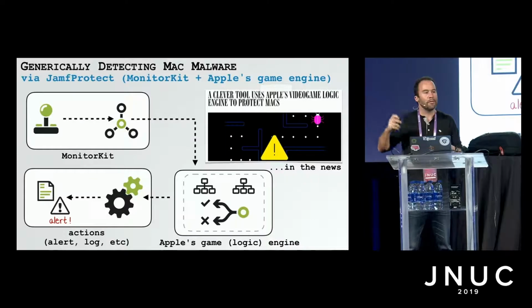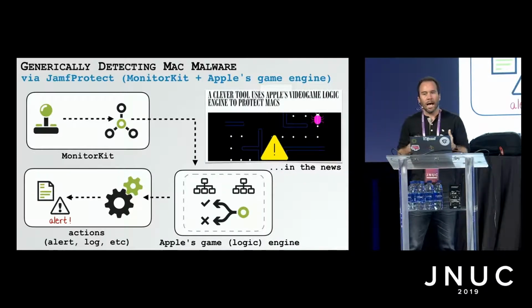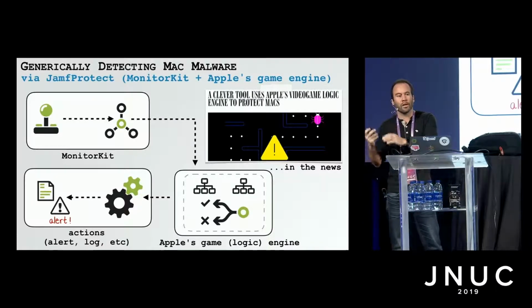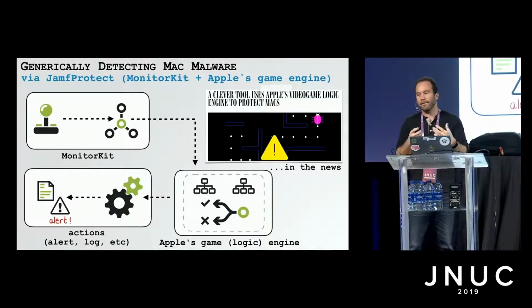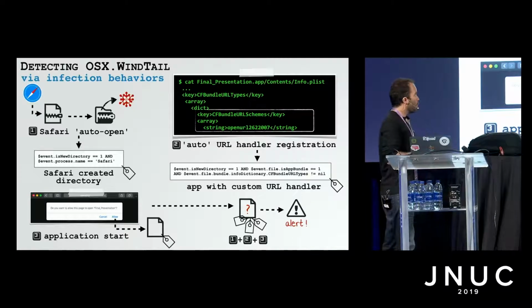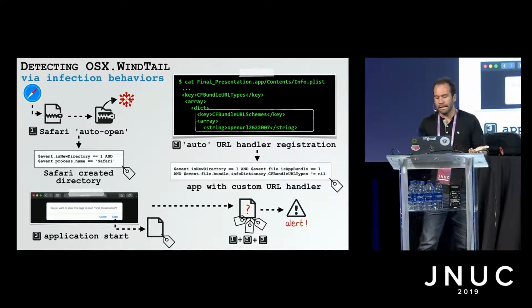And on top of that, we have written detection rules. These also get fed into the game logic engine. And then the game logic engine will apply our predicates, or our rules, on top of all our data and very efficiently and quickly detect if there are any anomalies on the system. Basically, evaluate our rule.